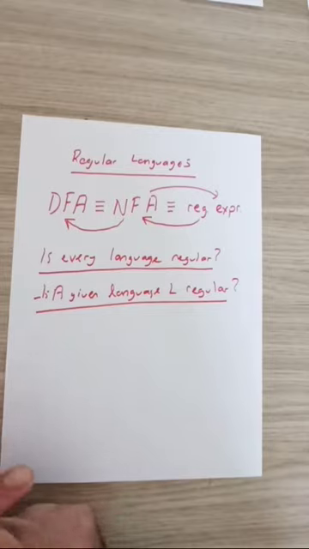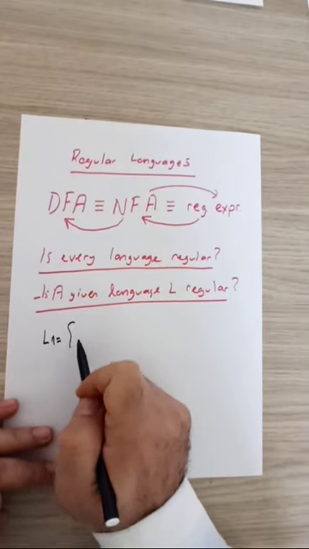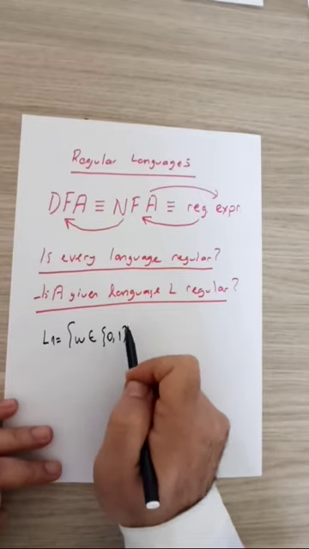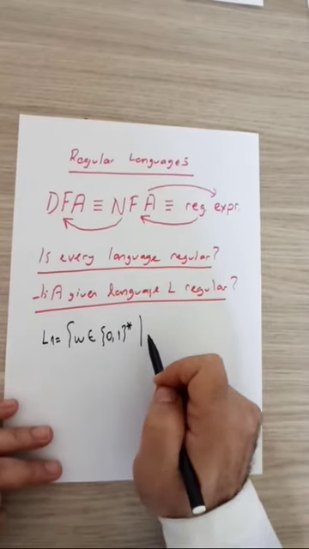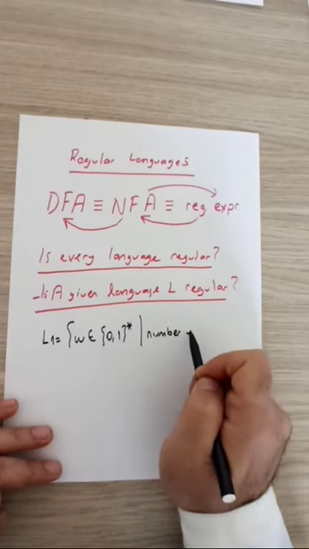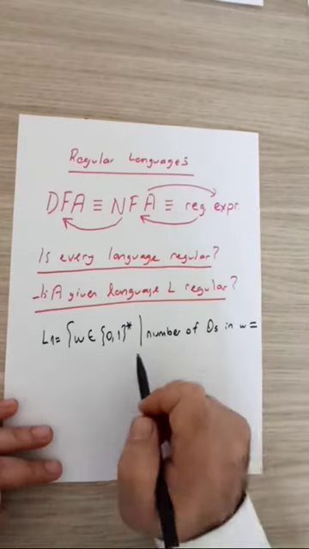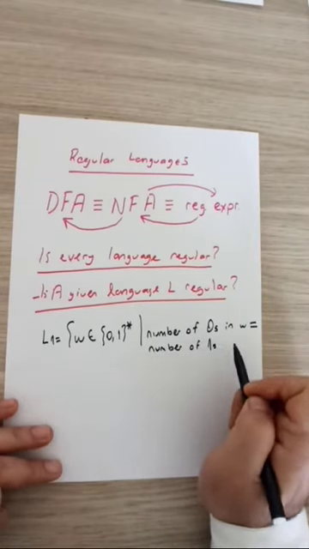Let's consider these two languages. L1 consists of strings w of zeros and ones, such that the number of zeros in w is equal to the number of ones in w.